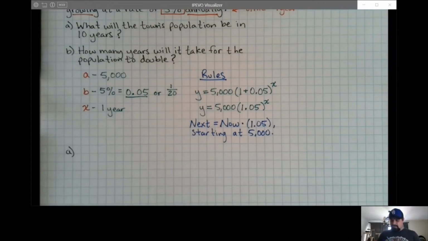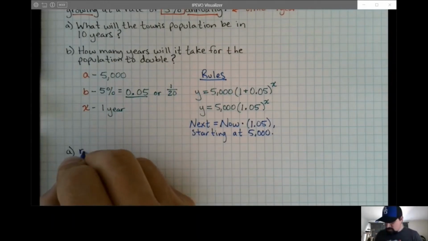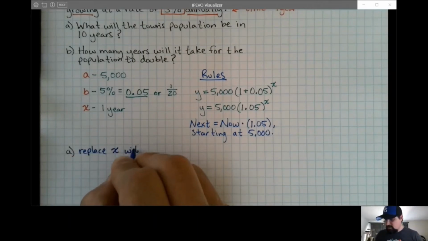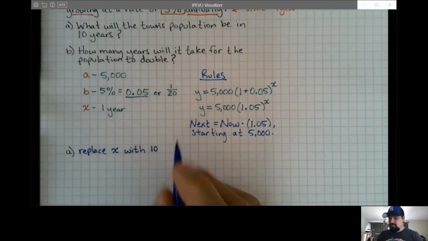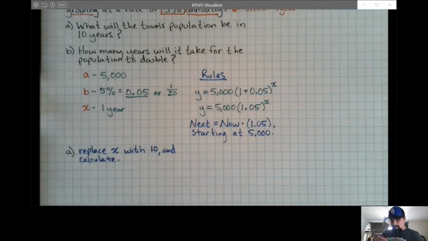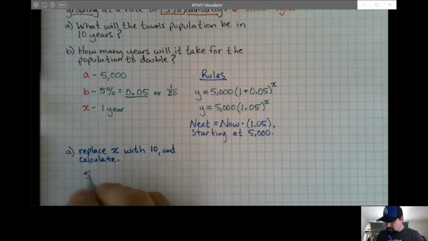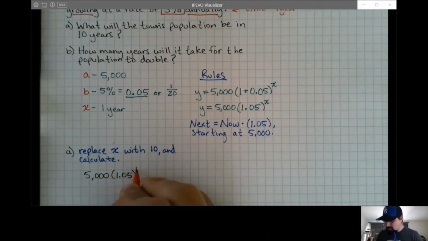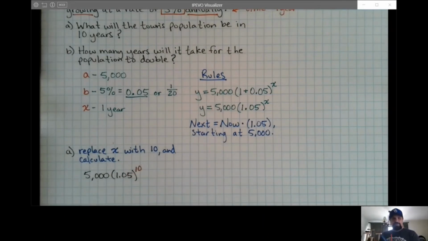All right, that means all I have to do is replace x with 10 and calculate, put in our calculator. All right. So that is going to look like 5,000 times 1.05, and we're going to put 10 as our exponent value.